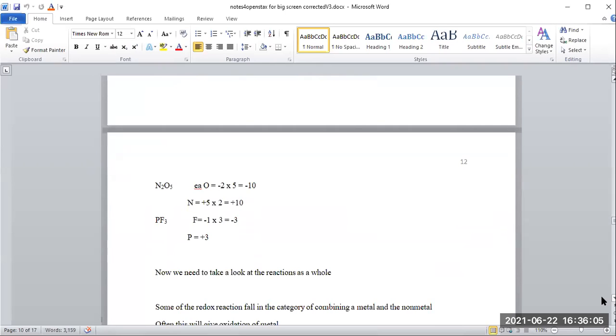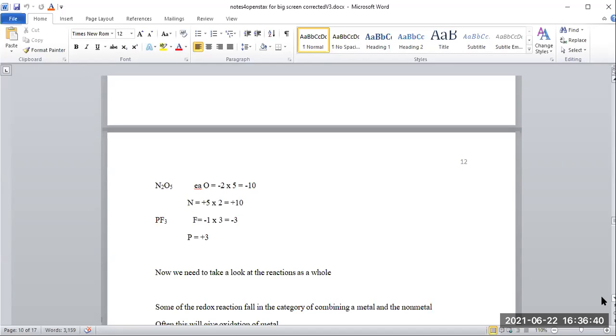How about N2O5? I've got 5 oxygens, so 10 negatives, but I've got more than 1 nitrogen. Take your 10 positives that you need and divide it in half, which means each of the 2 nitrogens ends up being worth +5. My phosphorus trifluoride.